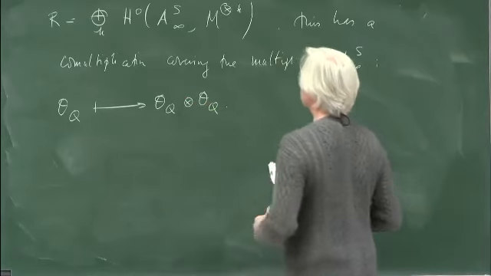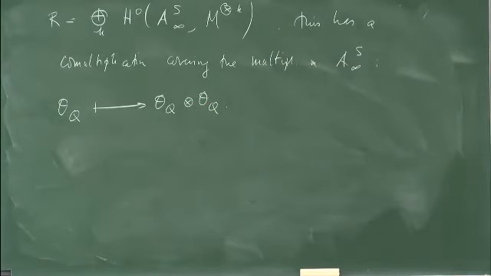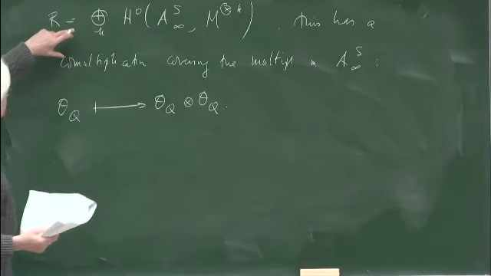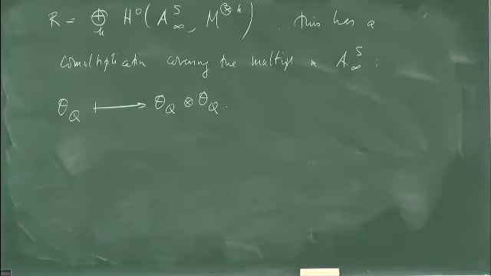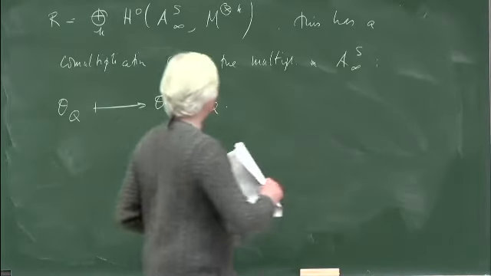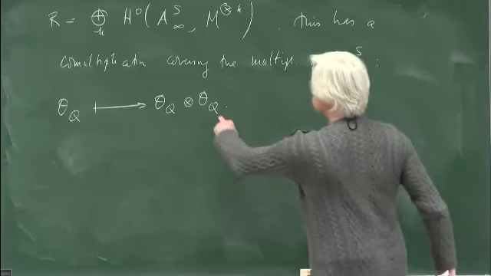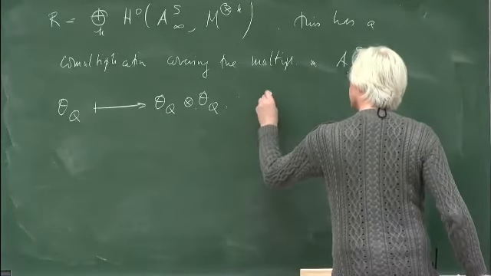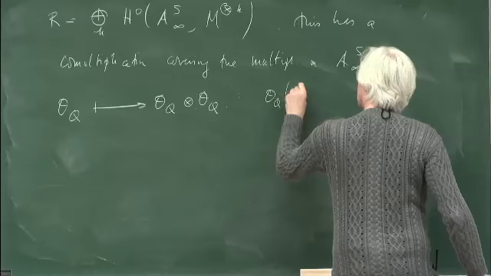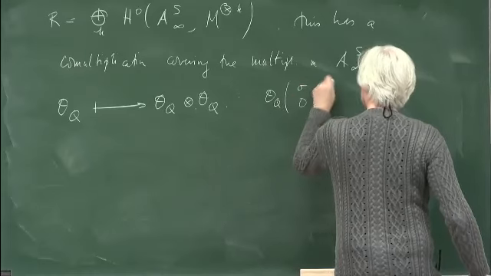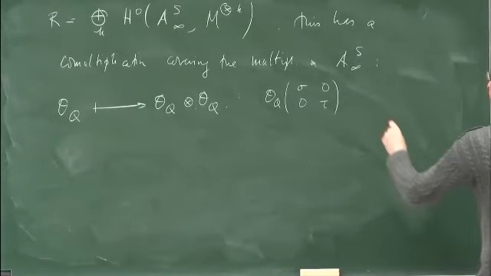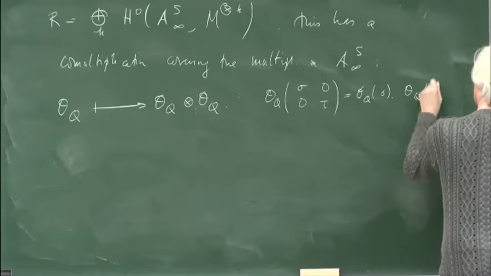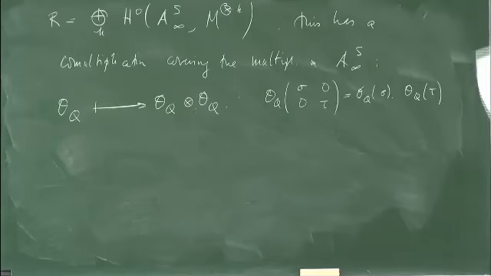So this is a graded ring, and the co-multiplication structure is somehow graded, but this is not a graded Hopf algebra in the usual meaning of that phrase. So be a little bit careful. The fact that the co-multiplication looks like this simply says that if I take two matrices sigma and tau and put them together into a block, then theta q of the block is theta q of sigma times theta q of tau, which follows immediately from the definition of the theta series.